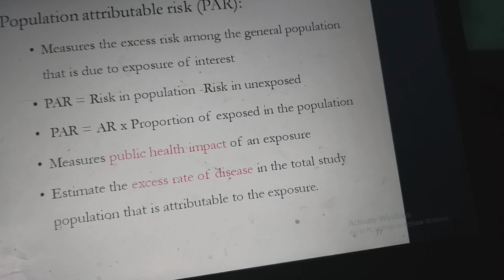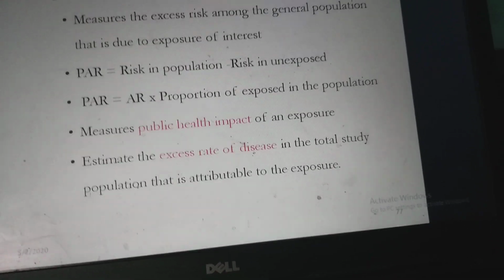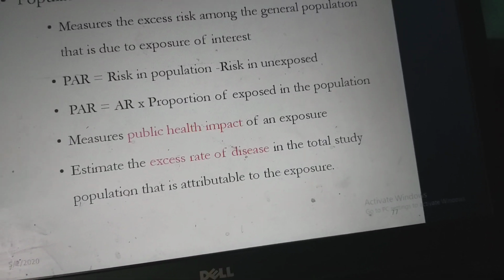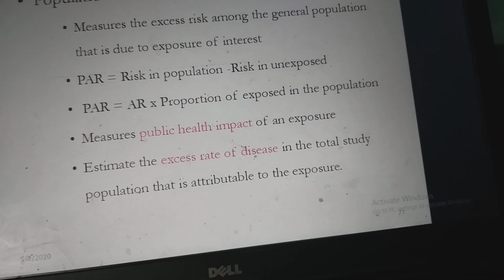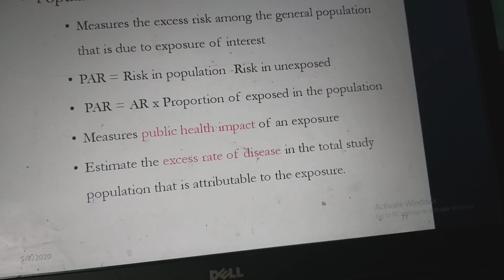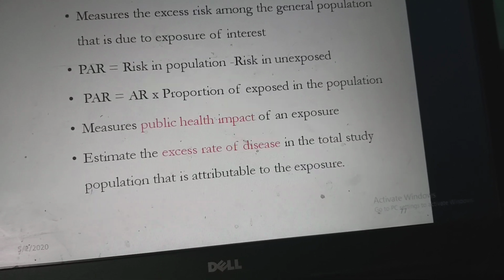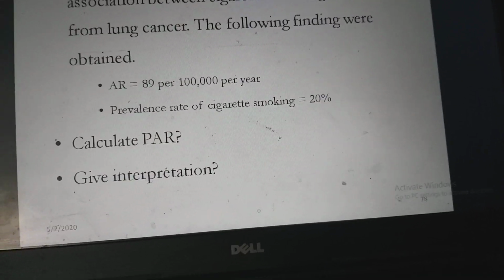So once you calculate attributable risk, what's expected from you is simply knowing the proportion of exposed in the population. And this is used to measure public health impacts of exposure. So it estimates the excess rate of disease in the total study population that is attributable to the exposure.